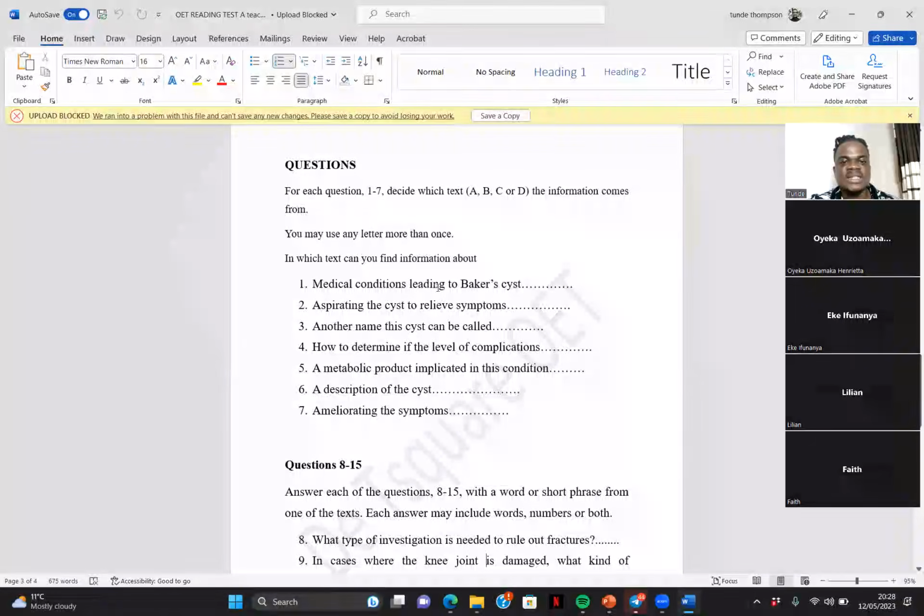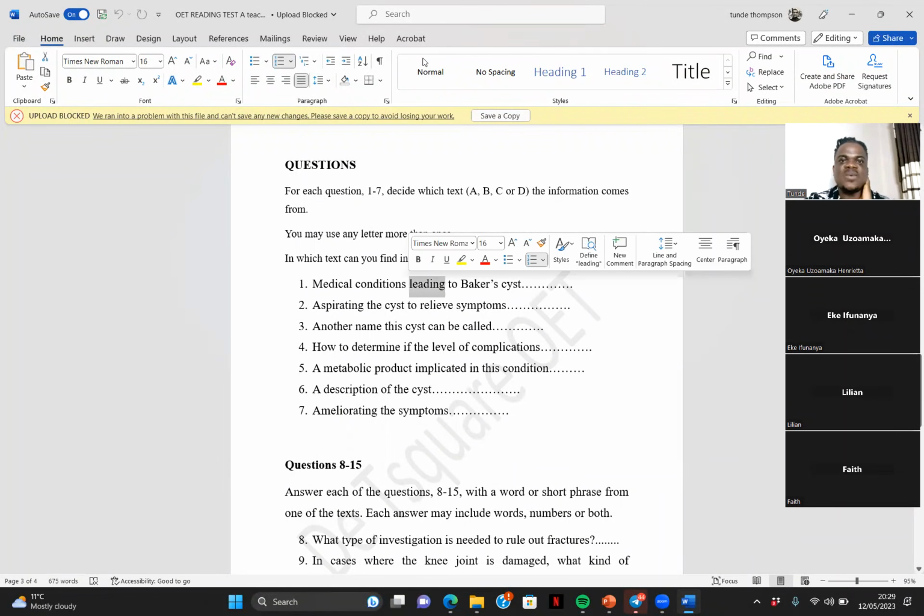So, medical conditions leading to Baker cyst. What is the key word here? It is the medical condition. And what will help you to get the answer is leading. What do we mean by leading? Let me see where you would take that question.